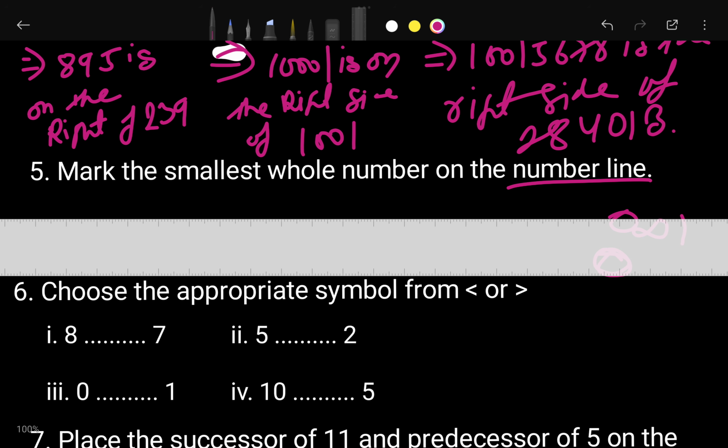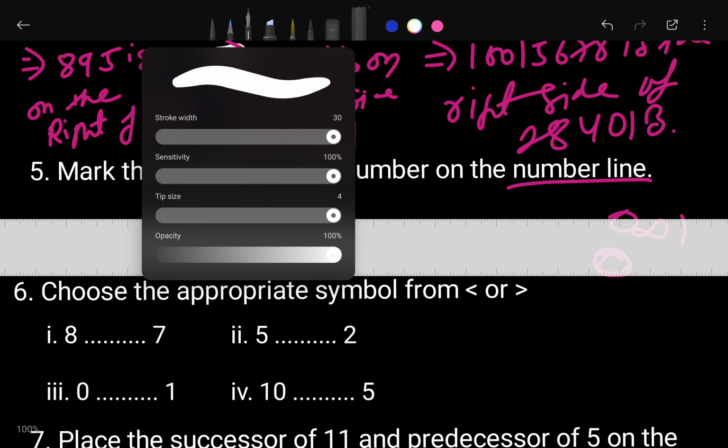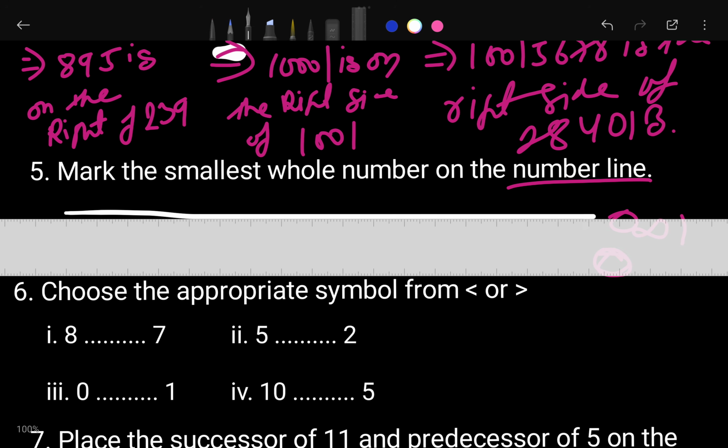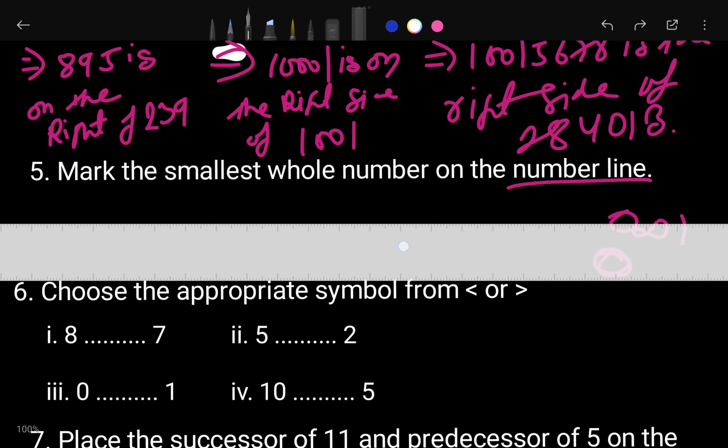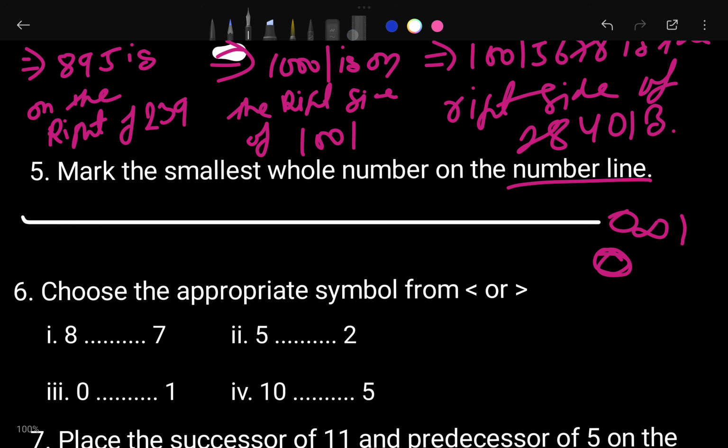So first of all I will take a line here. Okay, this is a line, and I will put the marks 1 2 3 4 5 6 7 8 and so on. Here we will start from 0.